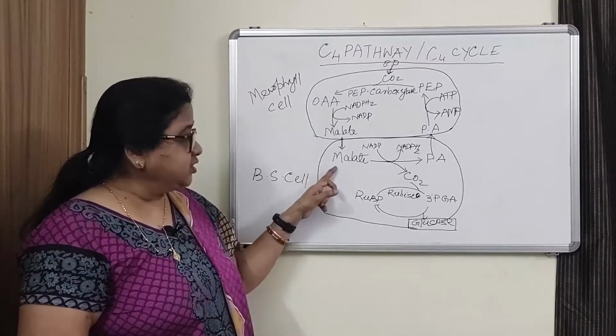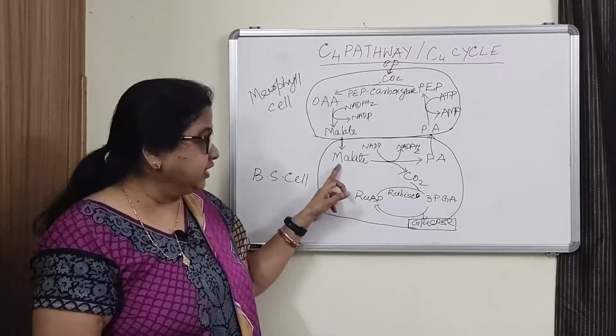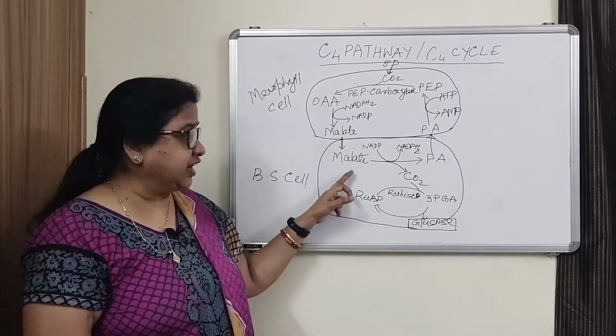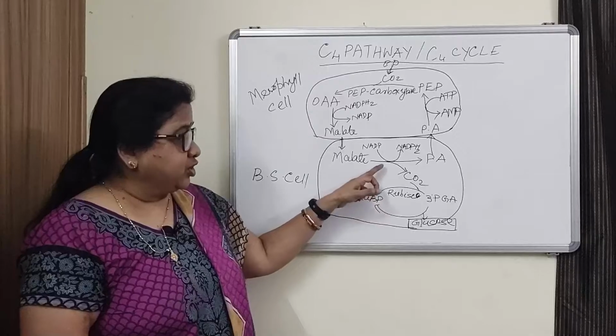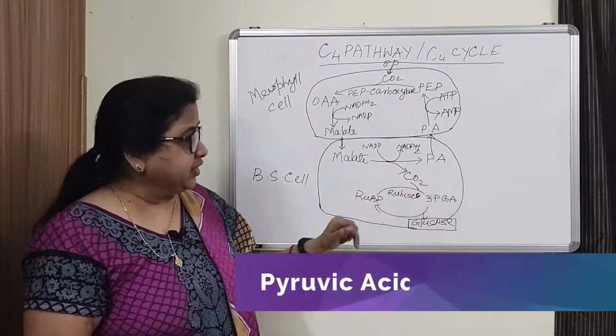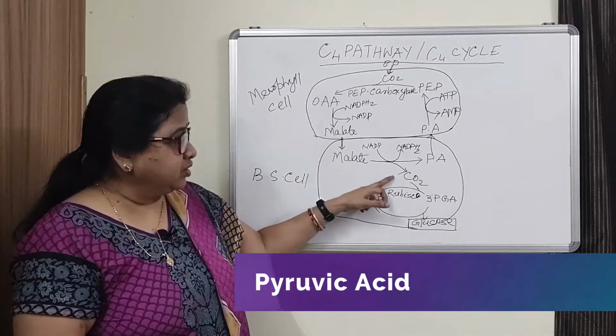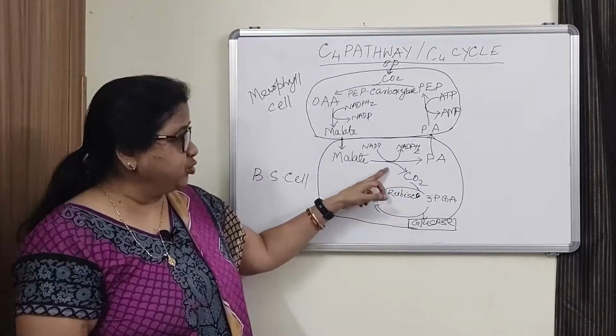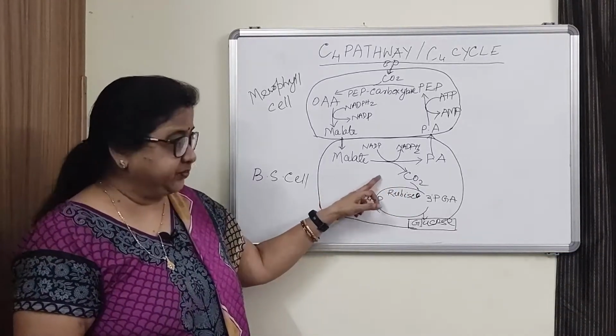Once it is present in the bundle sheath cells, it undergoes decarboxylation and produces pyruvic acid, and a molecule of carbon dioxide is removed from the malic acid.